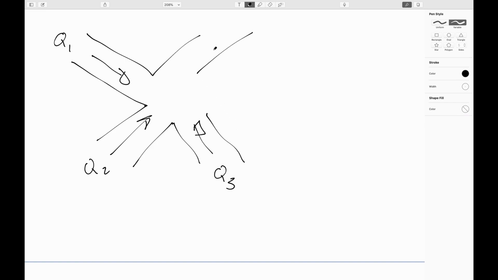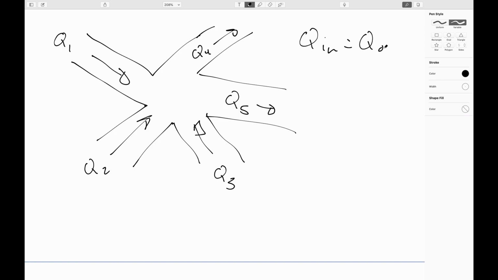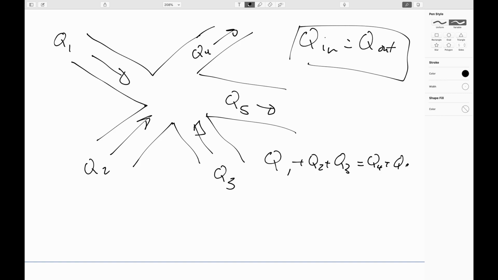Let's make it outbound over here. This would be Q4 going out. Let's say it's outbound over there. Q5 going out over here. What you're going to require is that Q in equal Q out. So in this case here, that would be expressed as my inbound flows Q1 plus Q2 plus Q3 equals Q4 plus Q5.